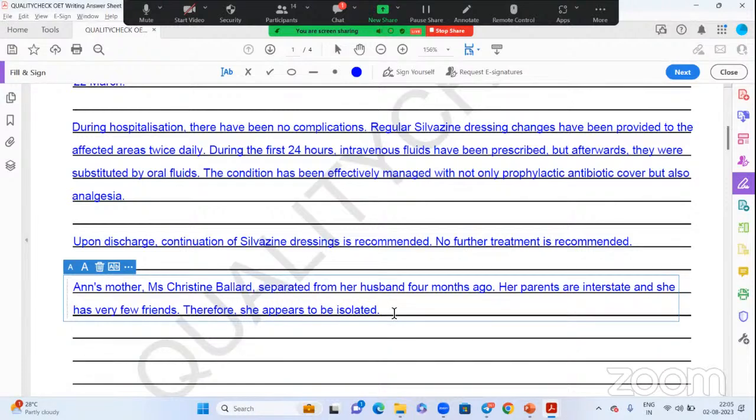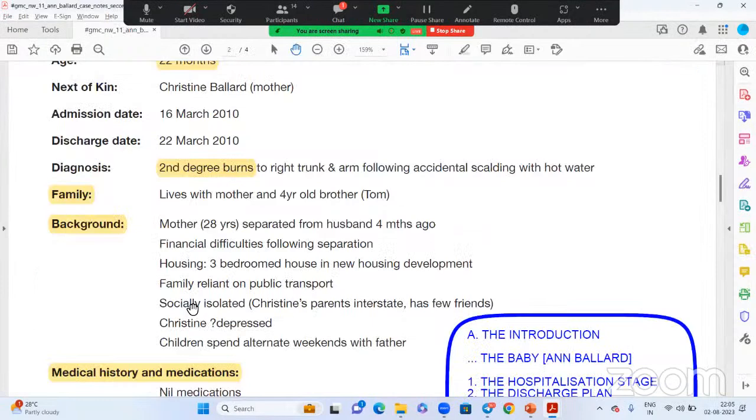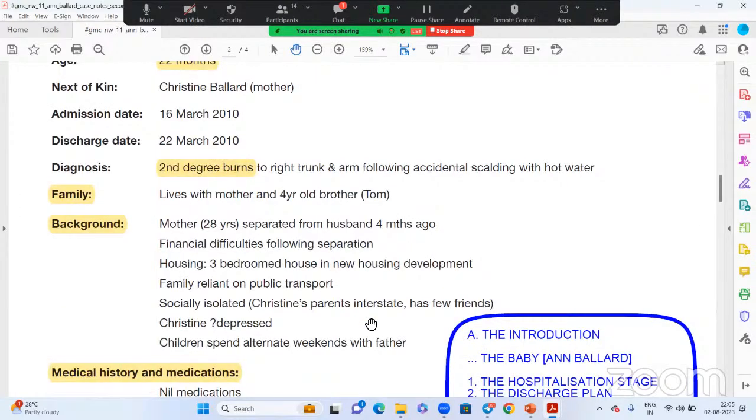Next. Socially isolated. So she appears to be socially isolated. Right. Next one.